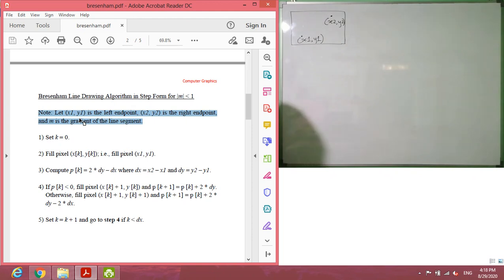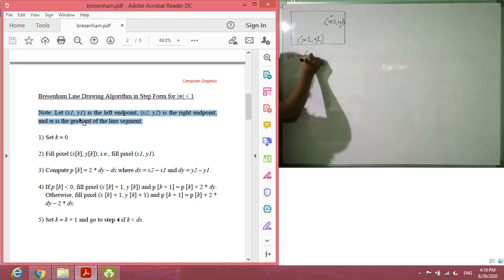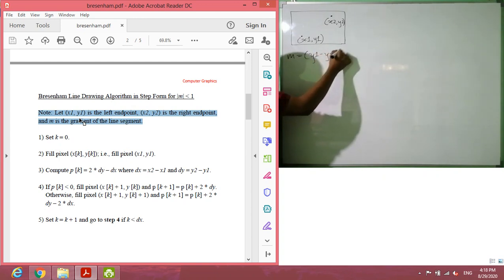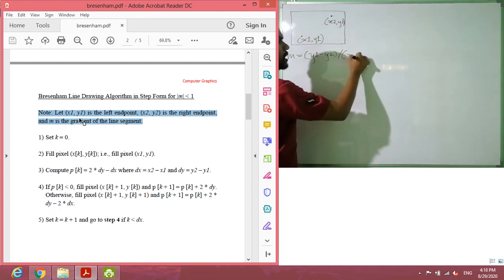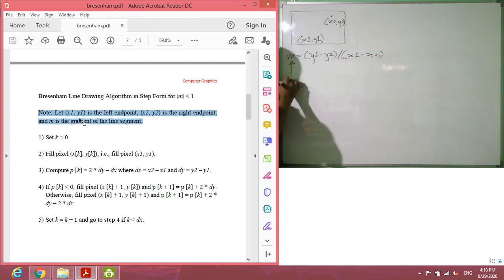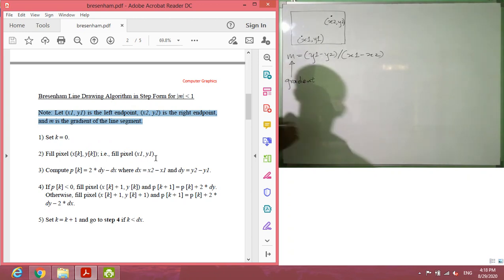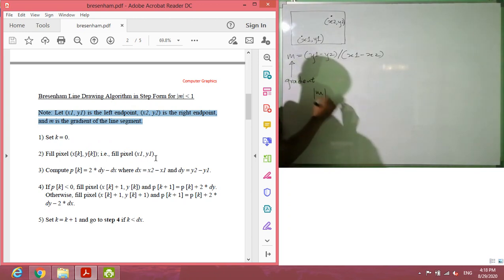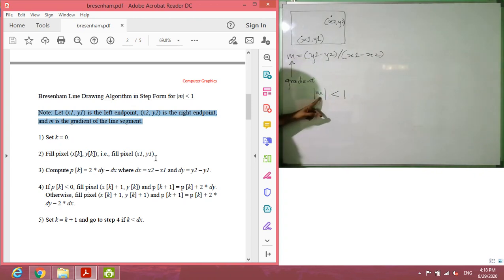Now m is the gradient. How can you compute the gradient? y1 minus y2, we divide it by x1 minus x2. This is the gradient of the line segment, and these steps are for a line segment where the absolute value of the gradient is less than 1.